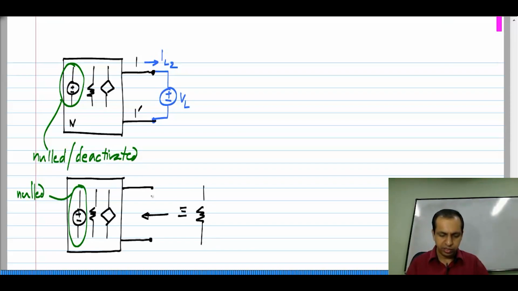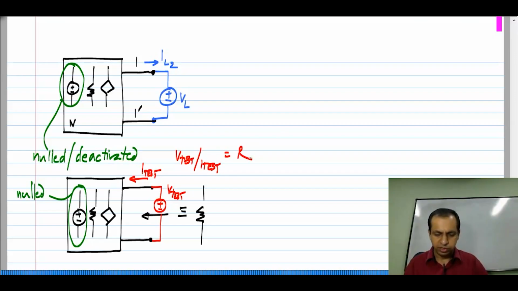What it means is that if I applied some V test and measure I test, V test by I test would be some constant which is given by R equivalent.